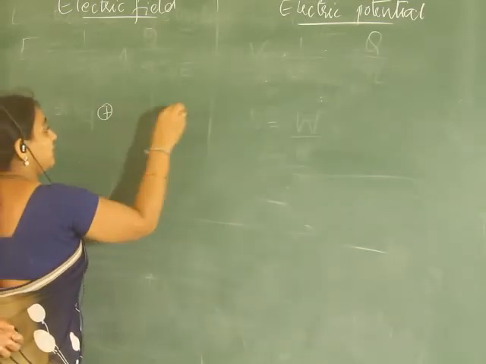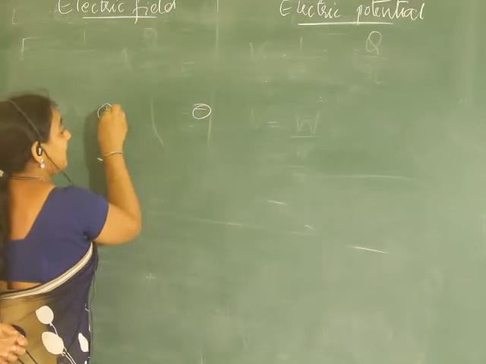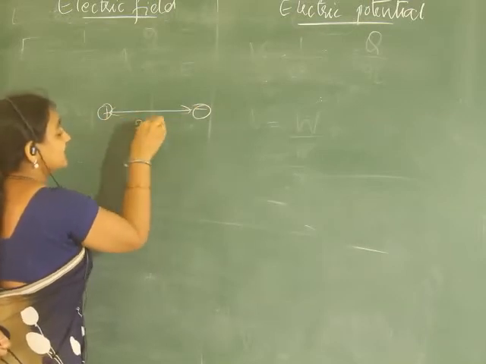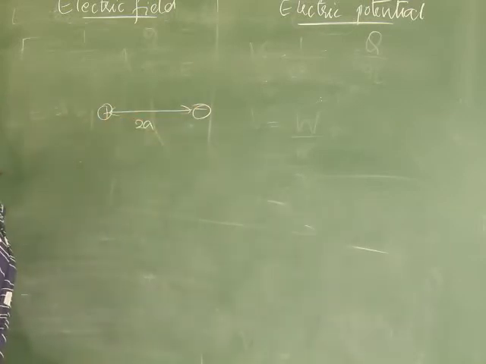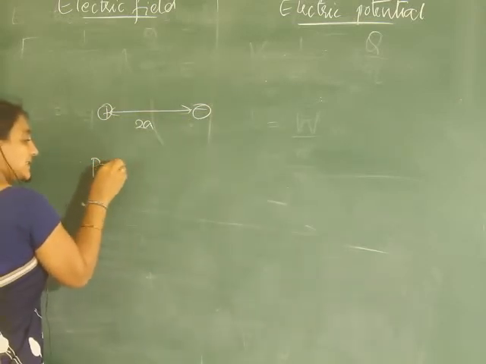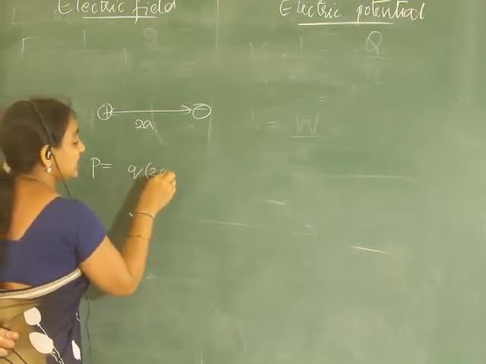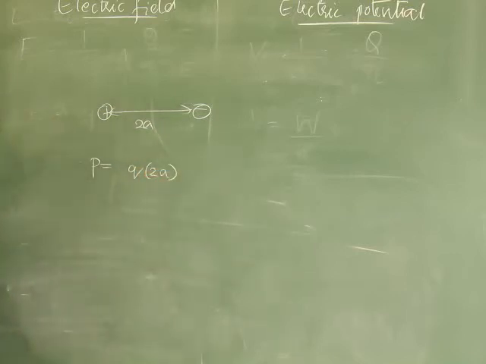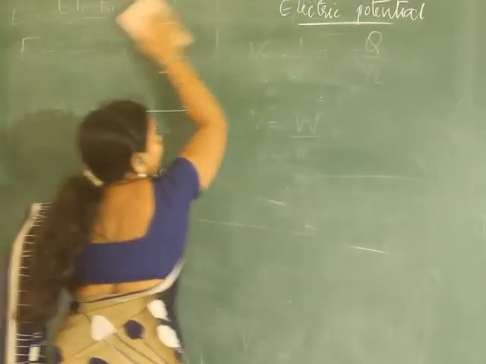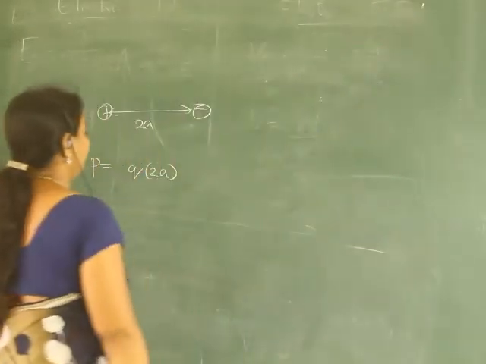Dipole moment is nothing but the product of one of the charges and the distance of separation between them. You remember this, right? We will use the same concept, because the next concept we are moving to is the expression for the electric potential due to an electric dipole.